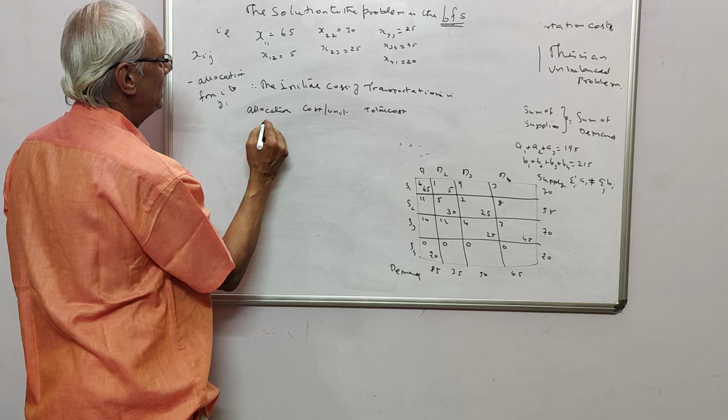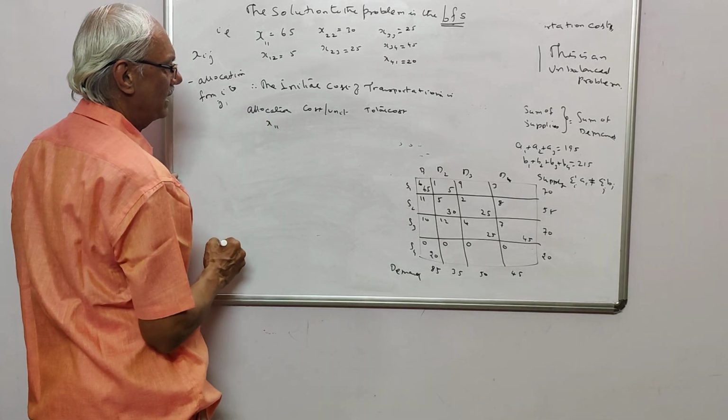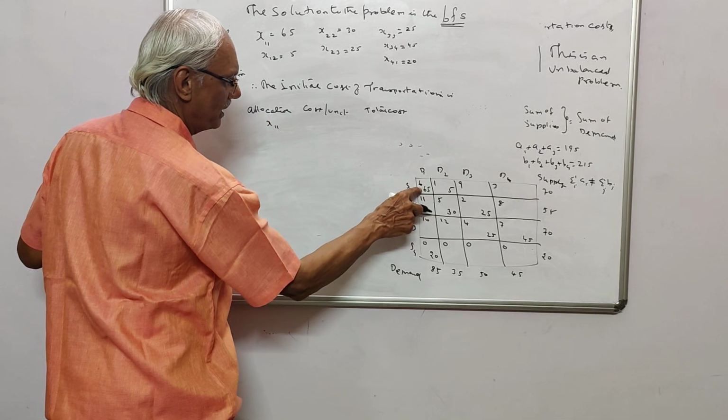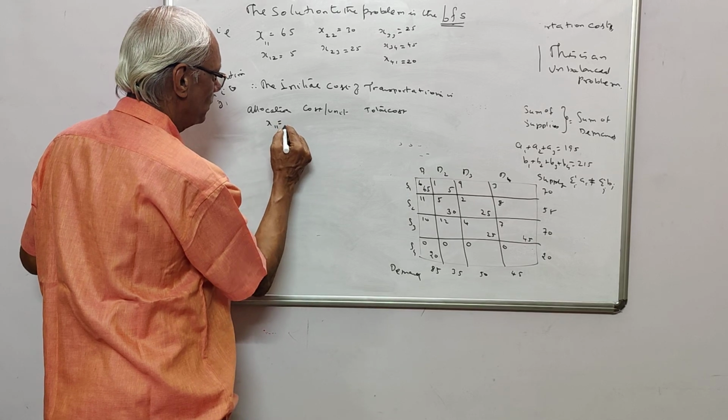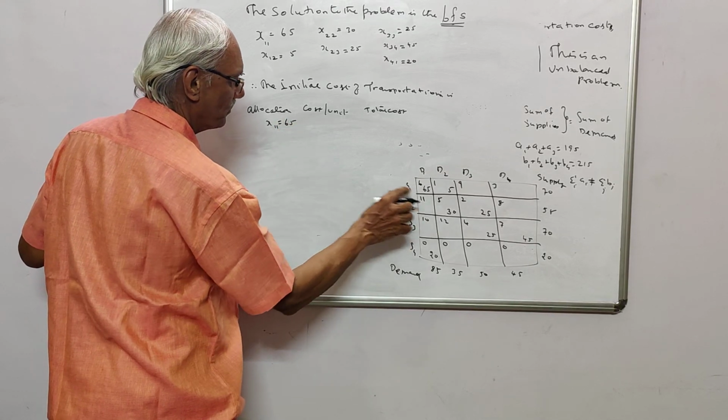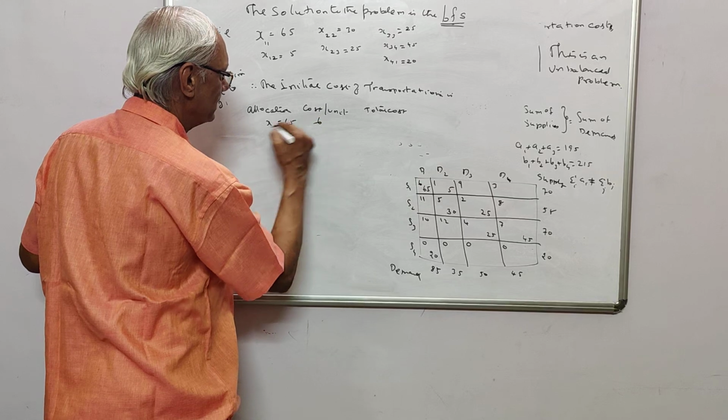See, I'll write here. X11, allocation is 65 and the cost per unit is 6.